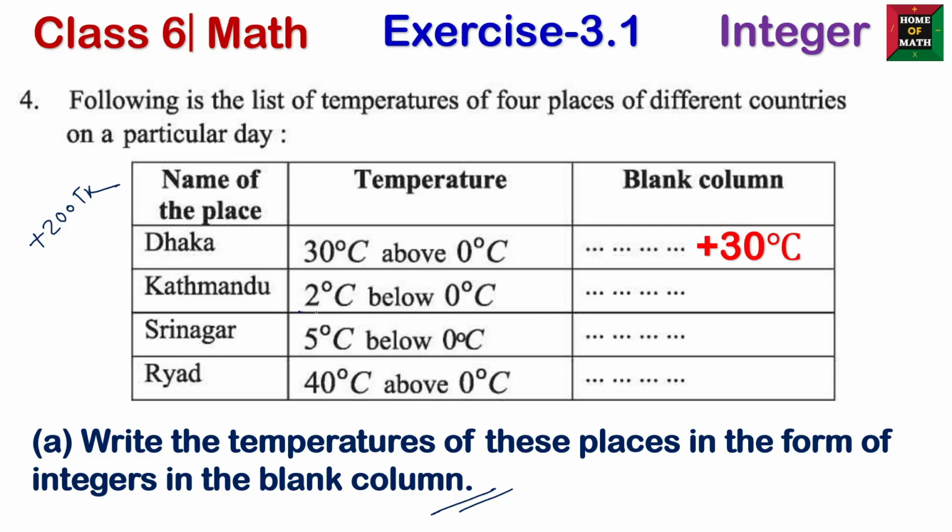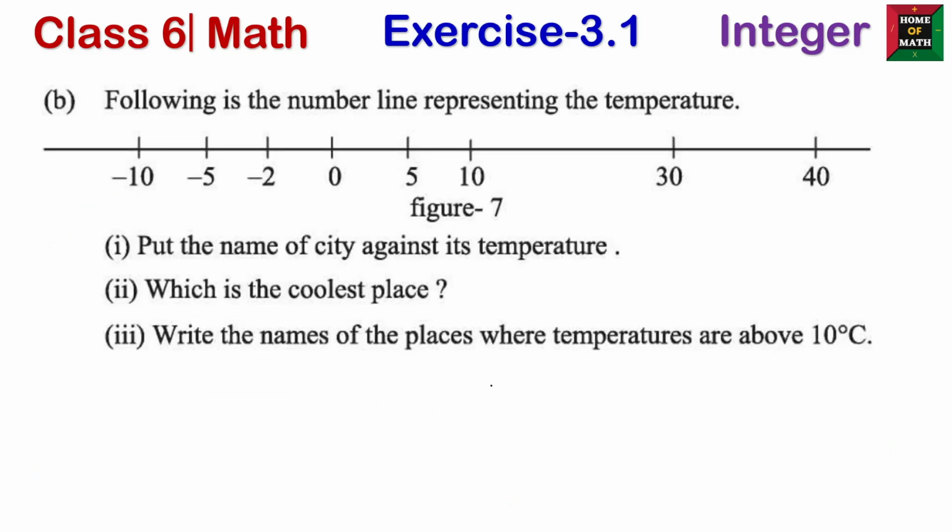Then 2 degree centigrade below, below means minus, so minus 2 degree centigrade. Again Srinagar, below 5 degree centigrade, we should write minus 5 degree centigrade. And finally Riyadh temperature is above 40 degree centigrade, so this is plus 40 degree centigrade. Okay, I hope we clear this one.